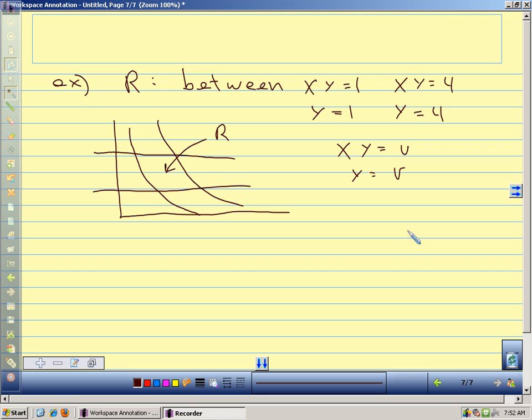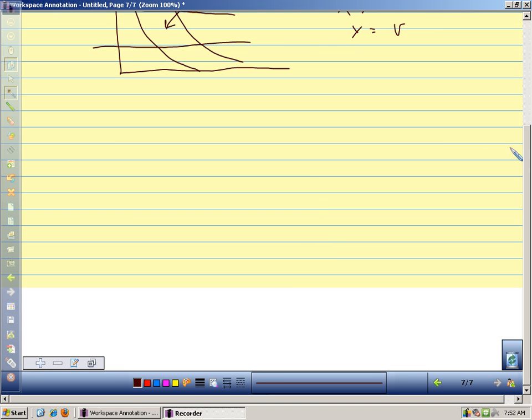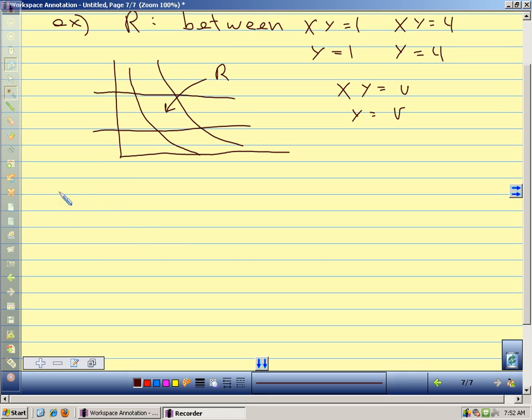Another example of how we would use the Jacobian would be if we have a difficult integrand, rather than transforming the boundaries of the region. Suppose we had something like this: the integral from 0 to 1, 0 to 1 minus x of the square root of x plus y times (y minus 2x) squared dy dx.